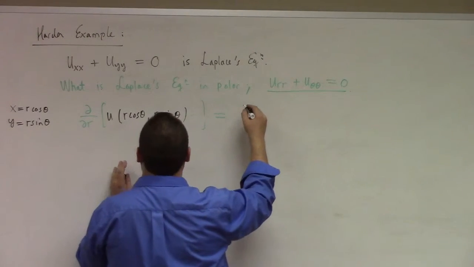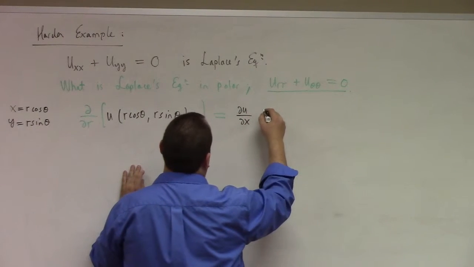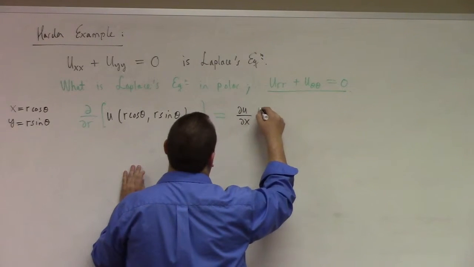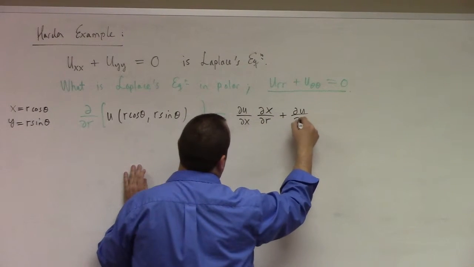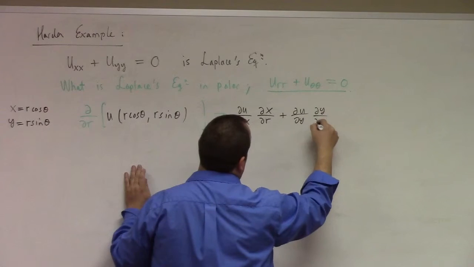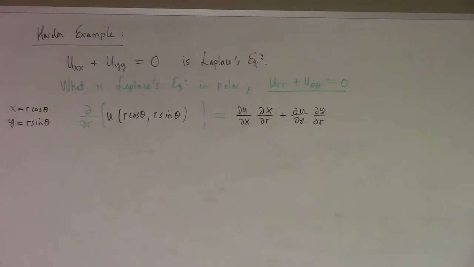So we do partial u, partial x, times partial x, partial r, plus partial u, partial y, times partial y, partial r. What is partial x, partial r?